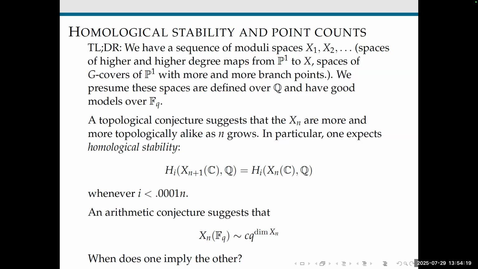Maybe if you're really clever, you should first ask, is it irreducible? Maybe if it's not, you want to say two copies of q to the n or something. I say that to be silly, but also because it's relevant to something I'm going to say later. But roughly speaking, if you have no choice but to guess how many points an irreducible variety of dimension n over F_q has, you should probably guess q to the n.